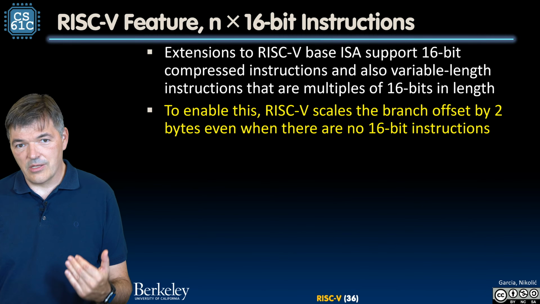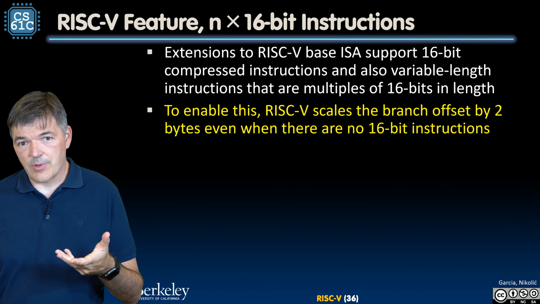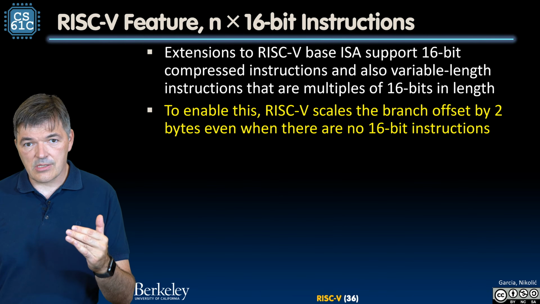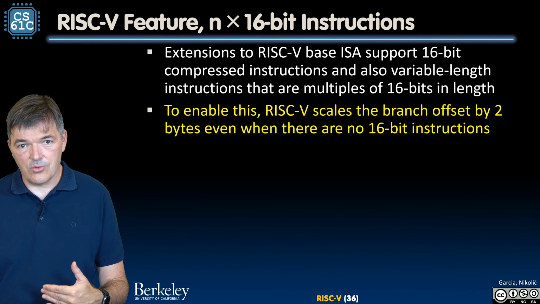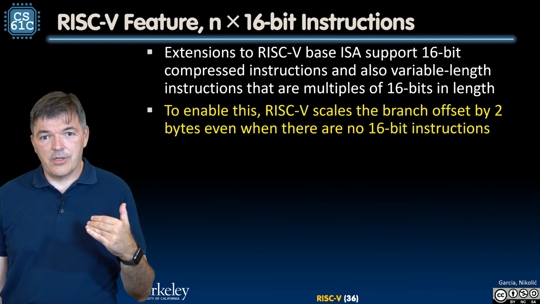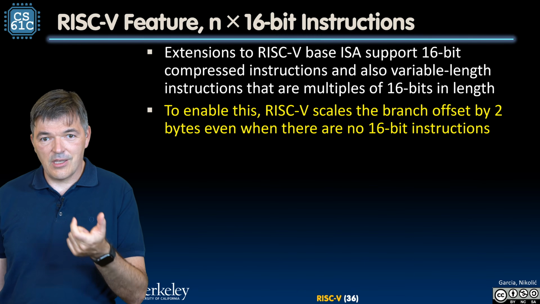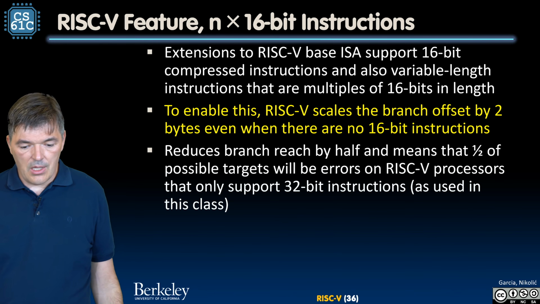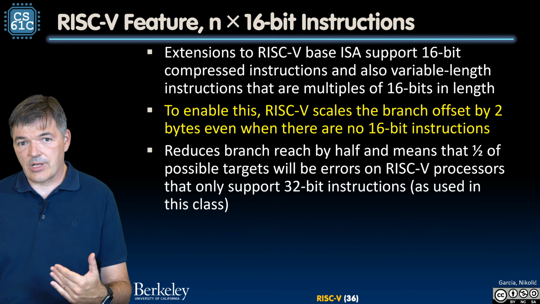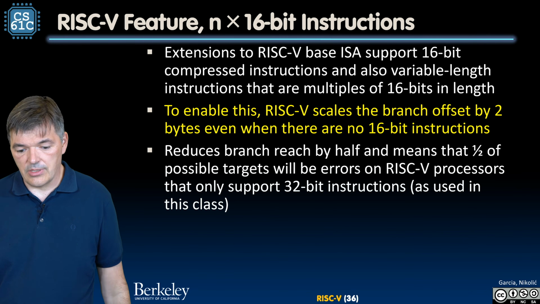That's why RISC-V made a decision not to have 2 different types of branches, but to just have one type of branch that is able to calculate the offset in units of 2 bytes. So by default, all RISC-V branches use this unit that multiplies the immediate by 2. That is less reach than we would have had if we were calculating the offset with respect to words, but it is still good enough.